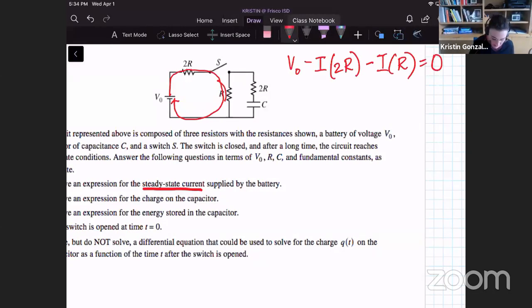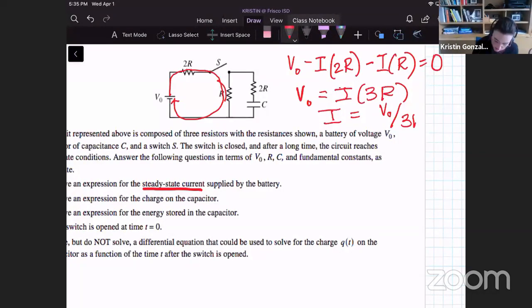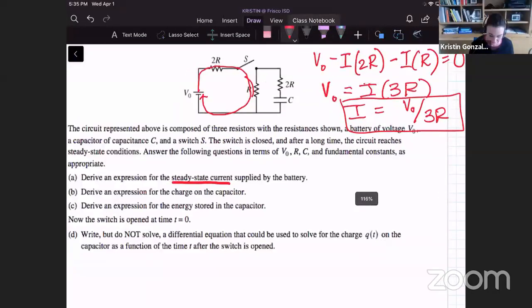Since we're looking at this one loop, the current is the same there. So V naught is going to equal I times 3R. Then the steady state current from the battery is V naught divided by 3R. That would be the current after a long time that is being delivered by the battery.